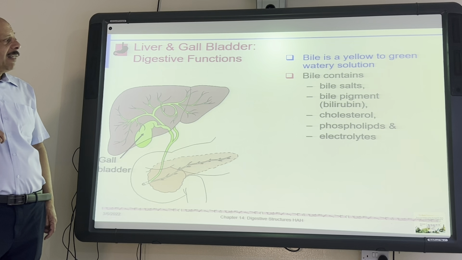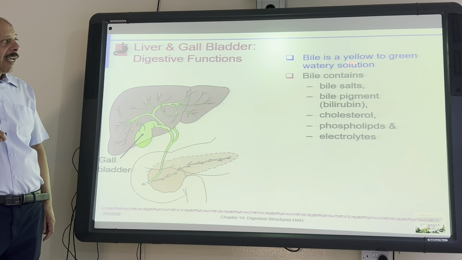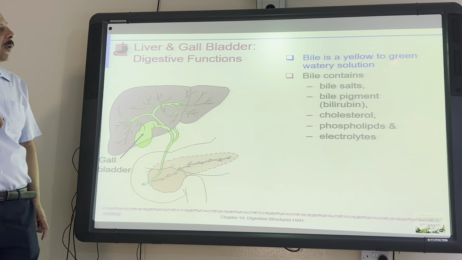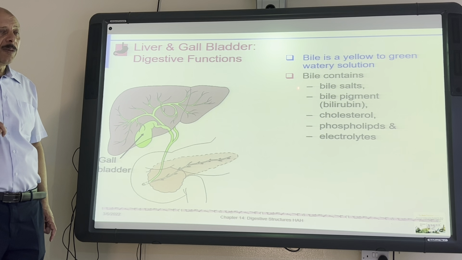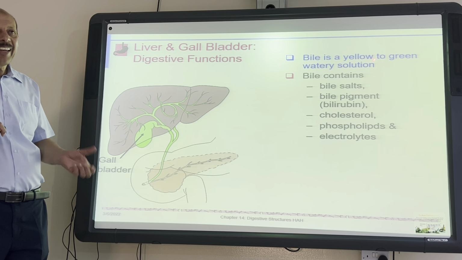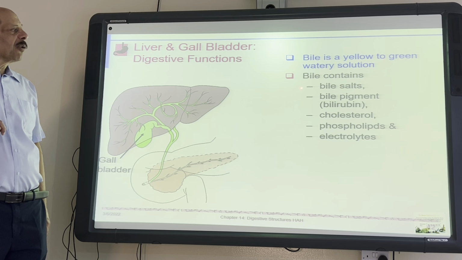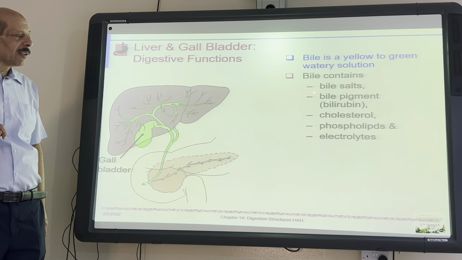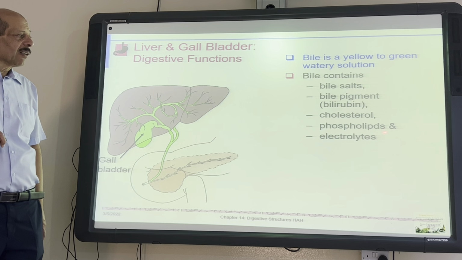So bile is a yellowish to green watery solution. The color of it is dark green mostly. Bile contains bile salt, bile pigment, which is bilirubin, cholesterol, phospholipid, and electrolytes.